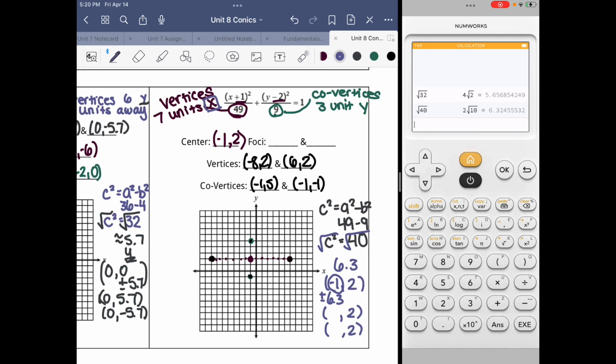Now, -1 plus 6.3 is about 5.3, and -1 minus 6.3 is -7.3. Oops, sorry, I did that wrong.